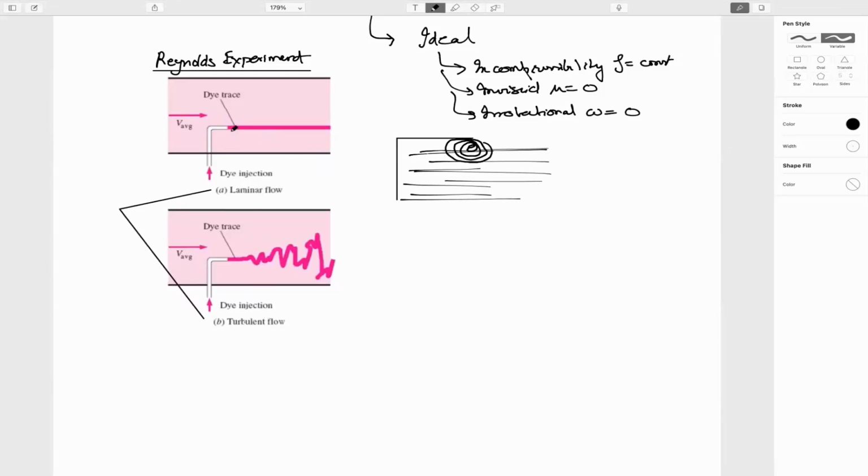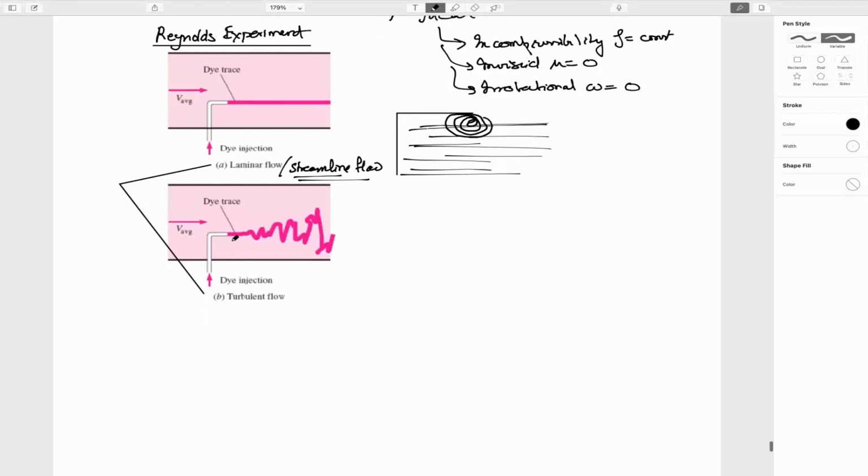If you see, it's a laminar or streamline flow. As a part of the course, we will study streamline flow. In a streamline flow, as the dye comes out of the nozzle, it looks like a steady state. There is no disturbance in it. But in turbulent flow there are a lot of disturbances, which we call eddies. And this is not a streamline flow.